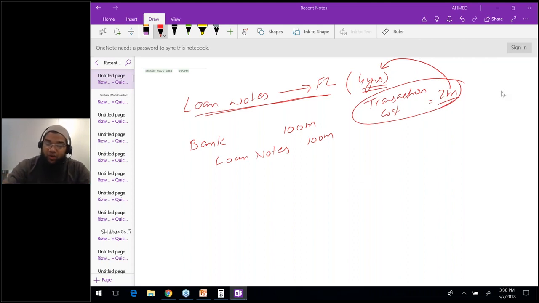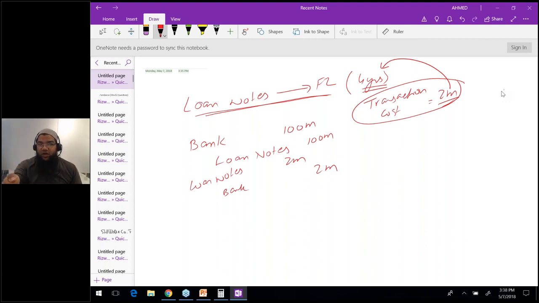So for the time being, what we do is debit the loan notes by $2 million and credit bank by $2 million. Why debit loan notes? Because I have paid $2 million, but it is not an expense for me.